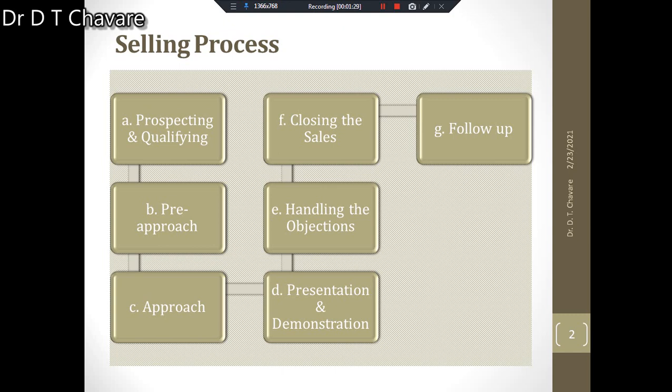Another theory is the depth theory. This theory states that if more and more information is given to the customer about the product, the manufacturer, the sales organization, the pricing, and the other substitutes, then more and more prospective customers become ready to purchase the product.